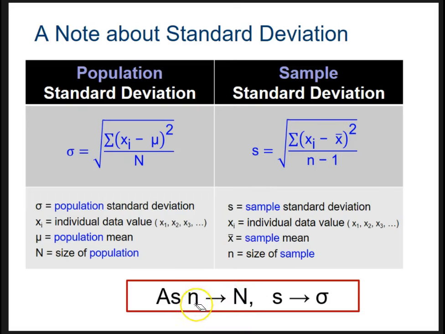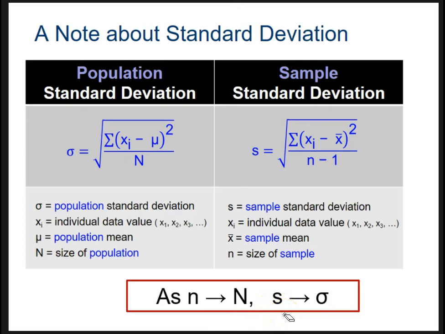As the number of samples gets closer to the number of members in the population, then our sample standard deviation is going to get closer to the standard deviation of the population. So what this is saying is the more measurements we take and get closer to the population, the more accurate our standard deviation is and the more accurate our mean is.